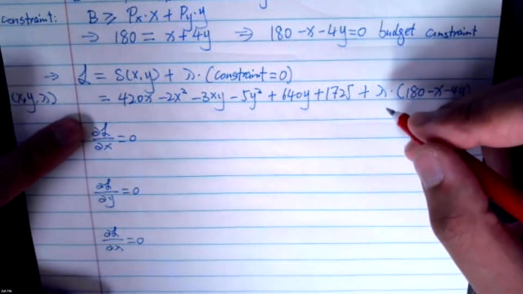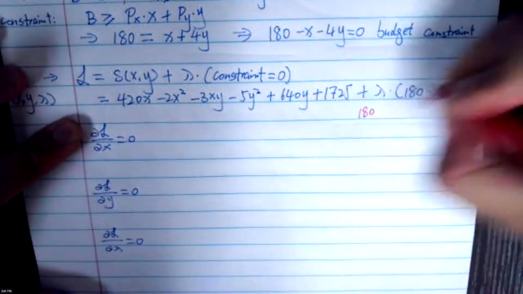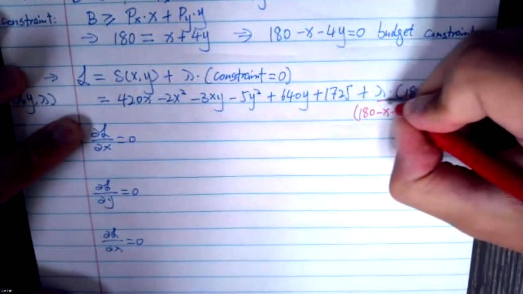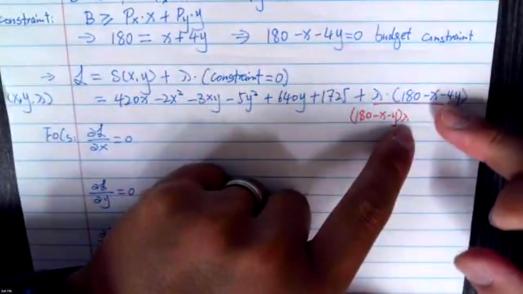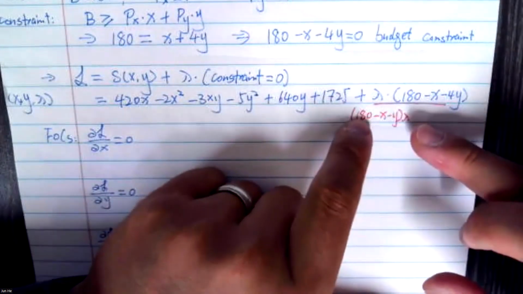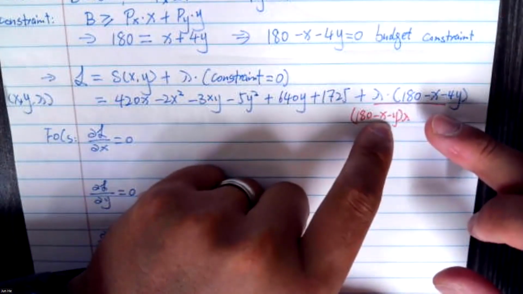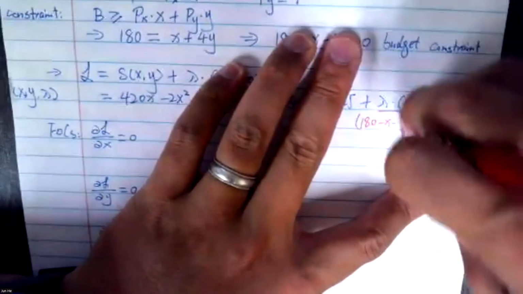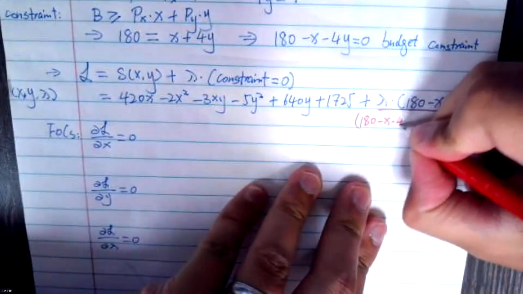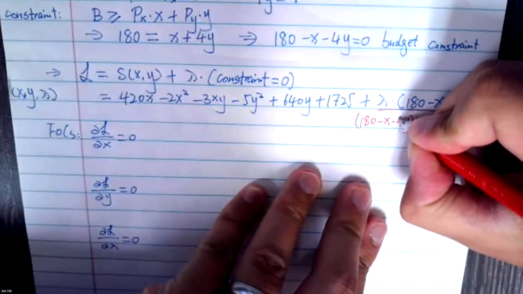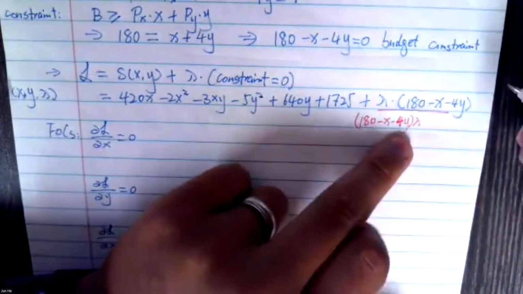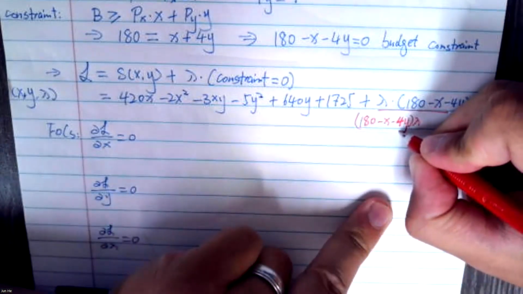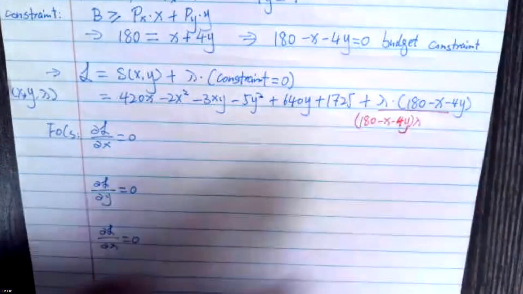All right, so you can rewrite the multiplication here by changing the sequence. It's 180 minus x minus 4y multiplied by lambda, right? So the entire 180 minus x minus 4y is a constant multiplied by lambda.